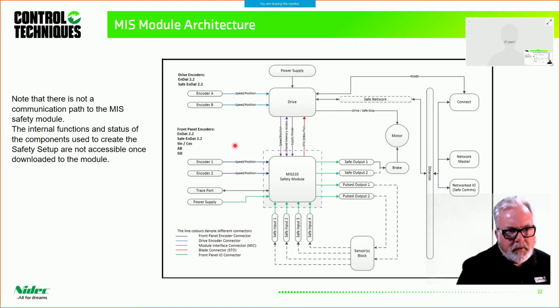Now, the module architecture here, kind of a 100-foot view, is like you see here, and this shows the paths to things. The first thing I wanted to point out is that, from the outside world network, Connect software, Ethernet, there isn't a path directly to the module.